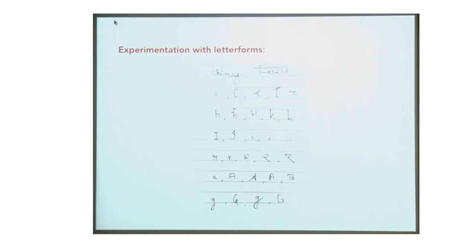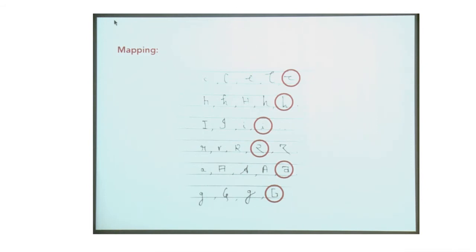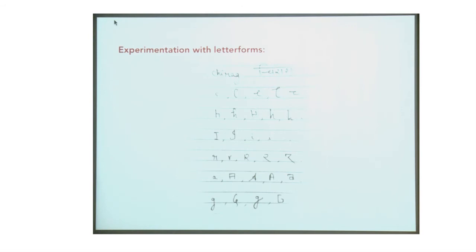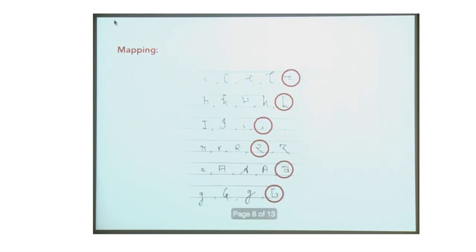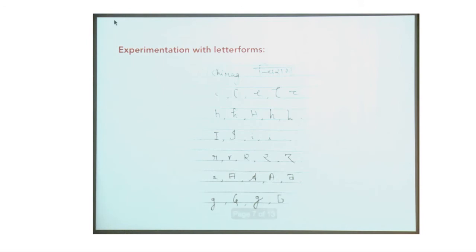The second step is mapping. I observe which strokes from my Latin work can be fitted into the Devanagari script, the Chirag written in Devanagari. Here I observed that the last C which I wrote has some similarity with the Ch.